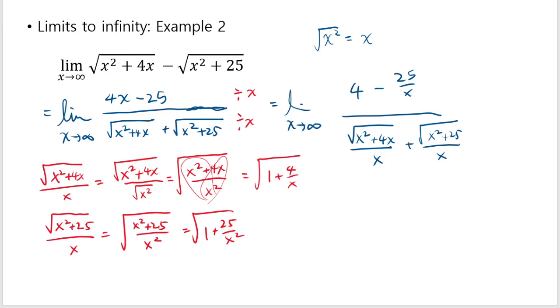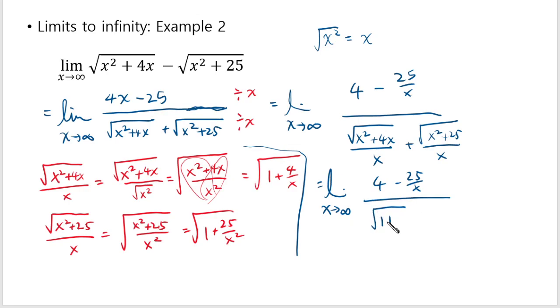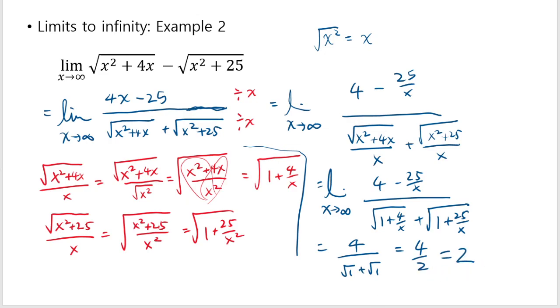Okay, so that means this is the limit as x goes to infinity of 4 minus 25 over x divided by square root of 1 plus 4 over x plus square root of 1 plus 25 over x. And as x goes to infinity, these will all be 0, so you end up with 4 divided by square root of 1 plus square root of 1. After deleting all these, because those are zeros, you end up with 4 over 2, which is equal to 2. Right, that was a hard example.